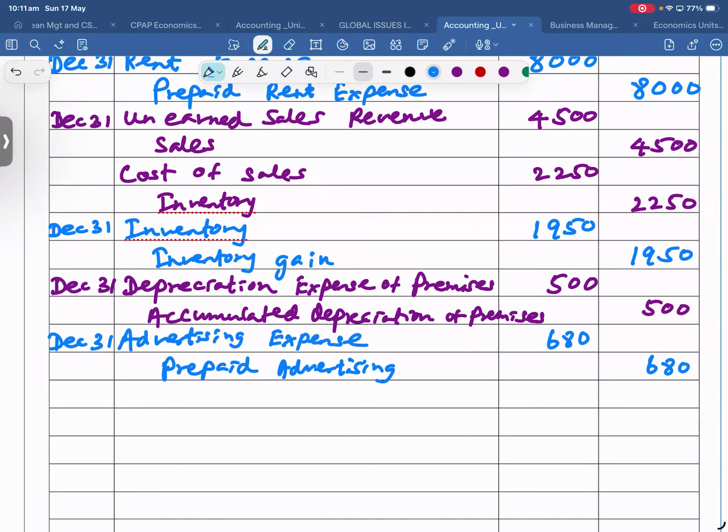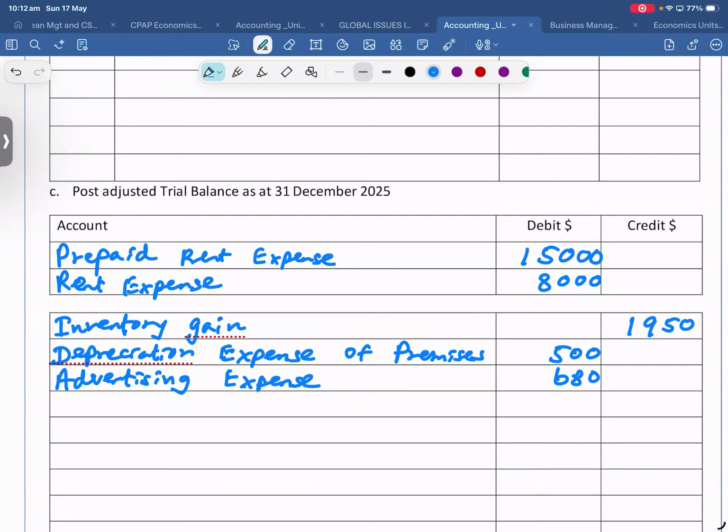So we don't have an advertising expense account, guys, so you have to go and form an advertising expense. Advertising expense, 680 debit. Okay. Next one.